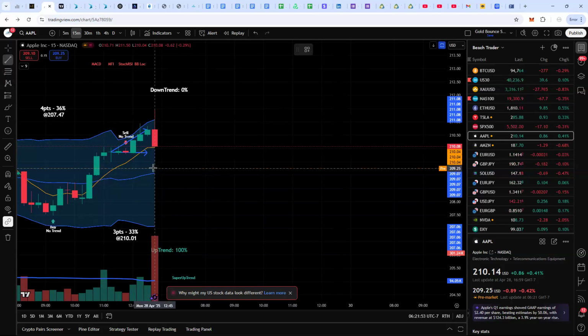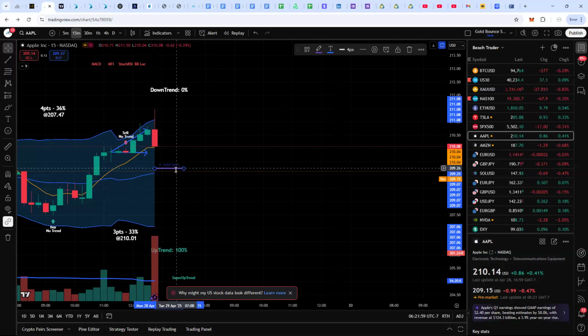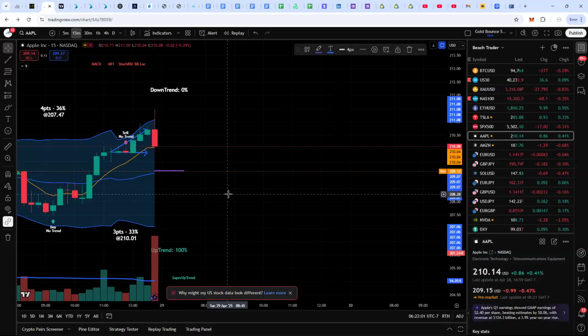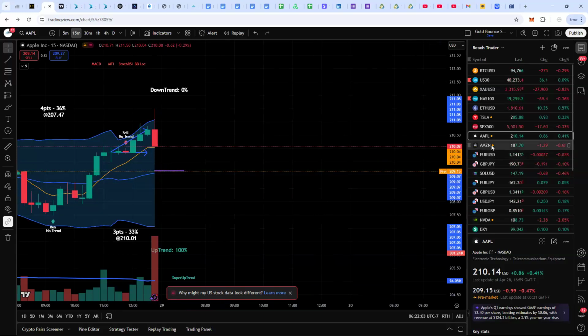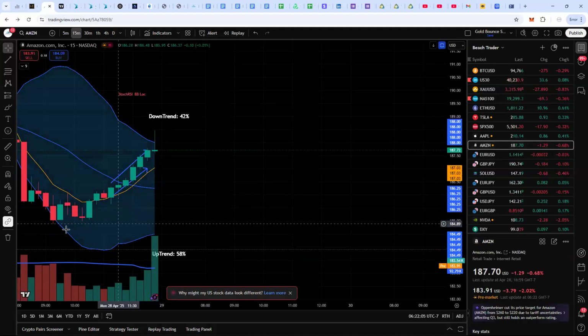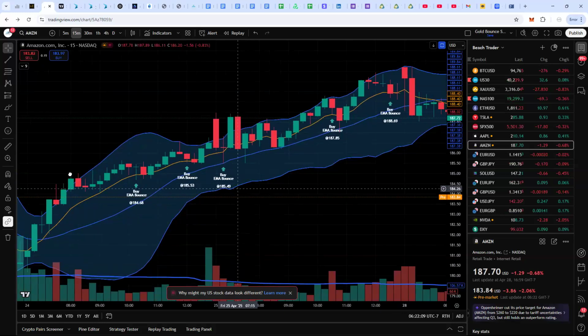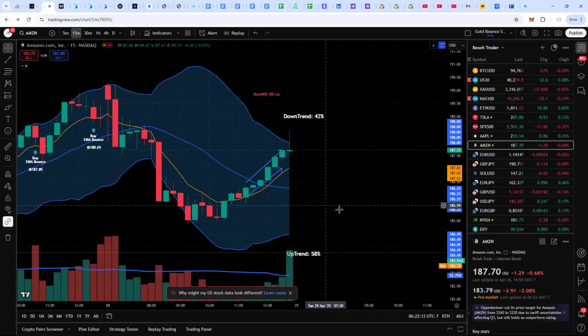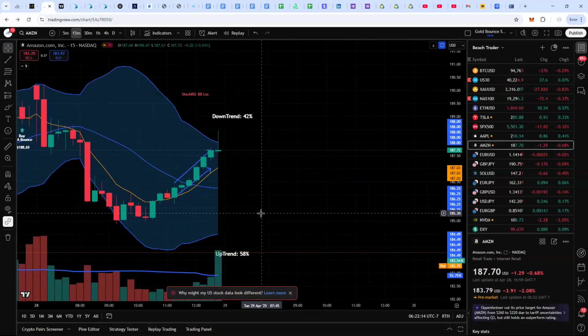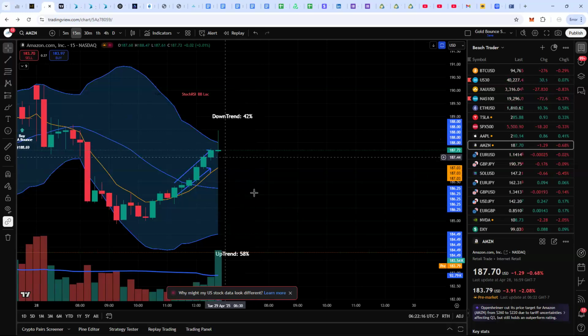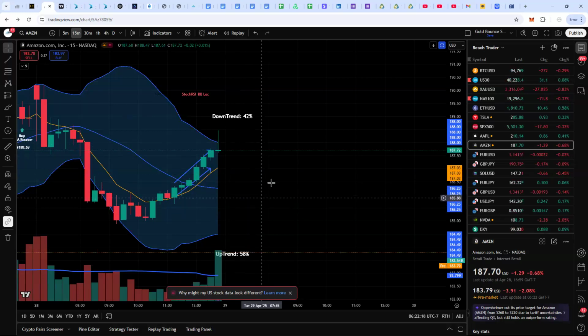Probably have to be quick on the draw. And we'll see where that starts out at. Amazon been going up and going down. Mostly up. That top of the Bollinger Band.